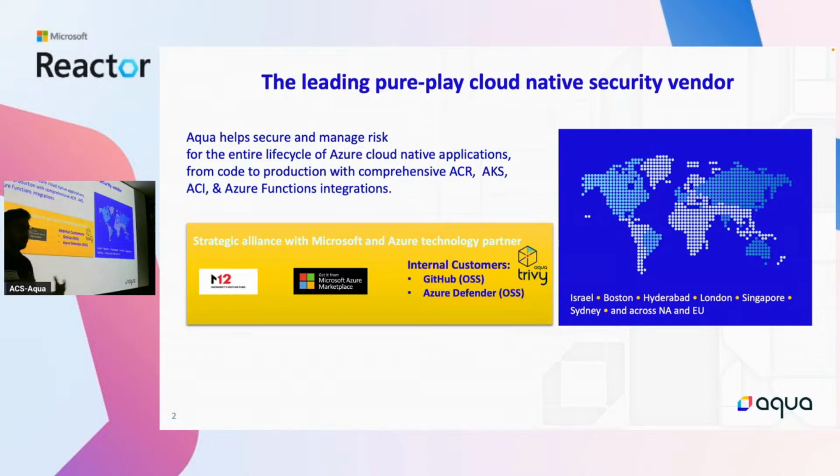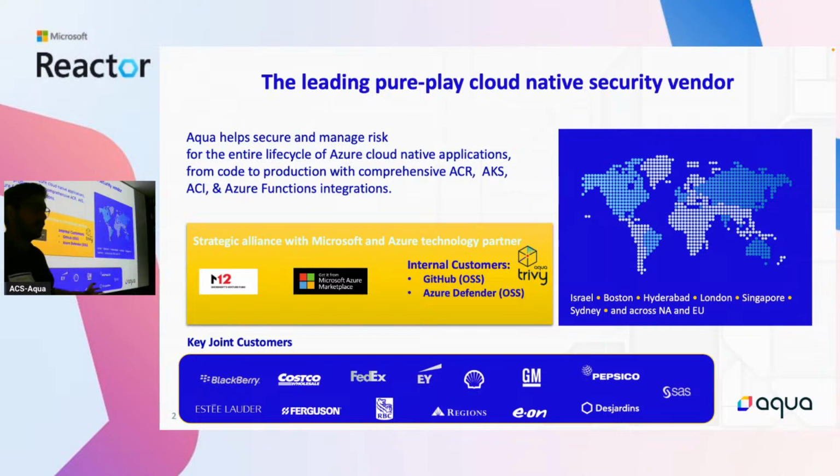Similarly, GitHub, a subsidiary of Microsoft, is using Trivy integrated into GitHub Actions to scan and secure your pipelines. But not just Microsoft, we also have a lot of joint customer success stories. These are some of the larger examples, where from the Azure perspective they provide the platform to run and build the applications, and from the Aqua perspective we then secure them as well.